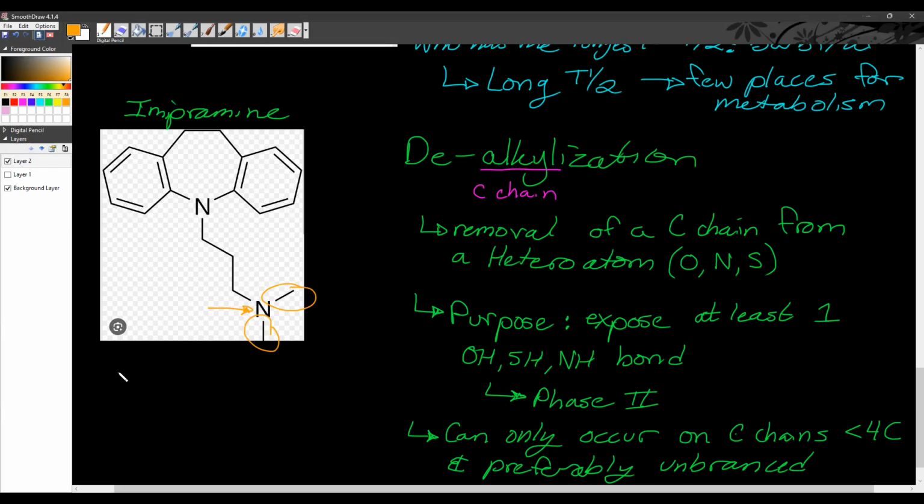And so we would label this as N-demethylation. What is the atom that we are removing it from, and what is the group being removed? So N-demethylation is a valid metabolism pathway of imipramine.